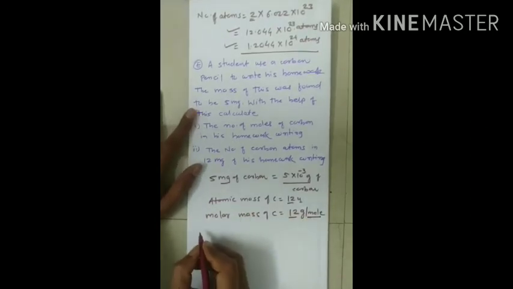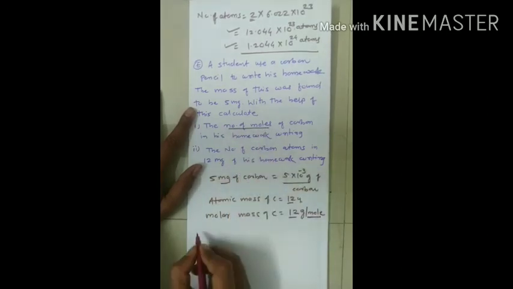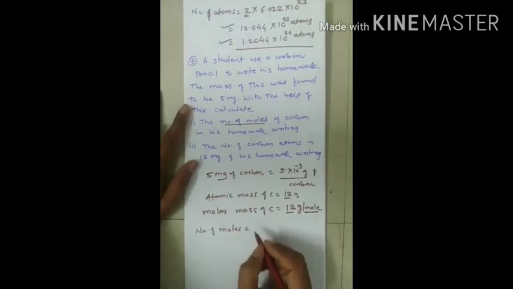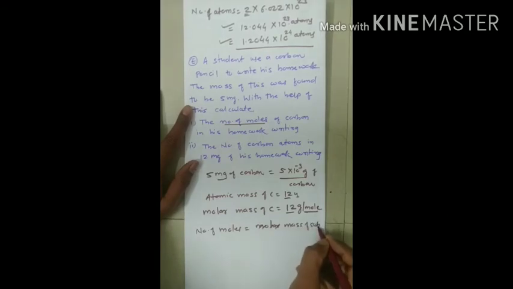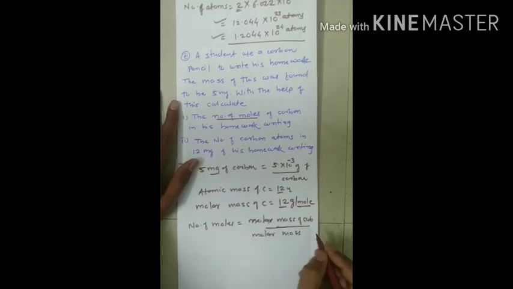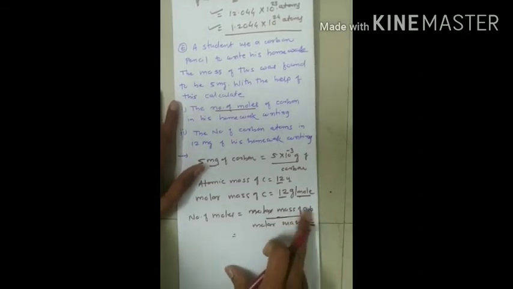Once you get the molar mass, as we have seen in the previous problem, here in this question we have to find out the number of moles. As we all know, the formula for number of moles is equal to the mass of a substance divided by the molar mass of that particular substance, or in this case the mass of carbon divided by the molar mass of carbon. The mass of carbon is already given in the question.